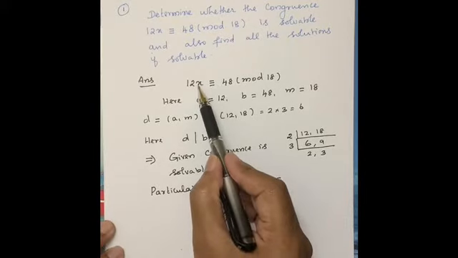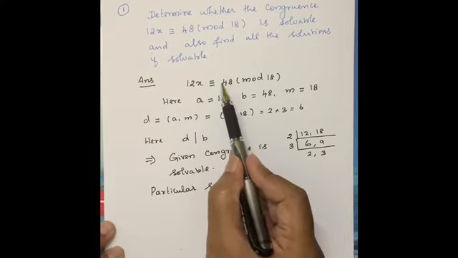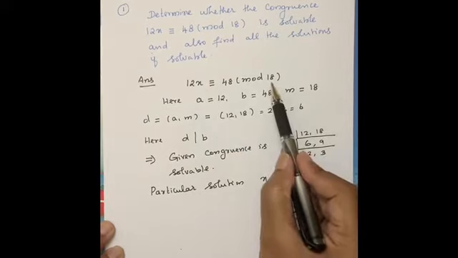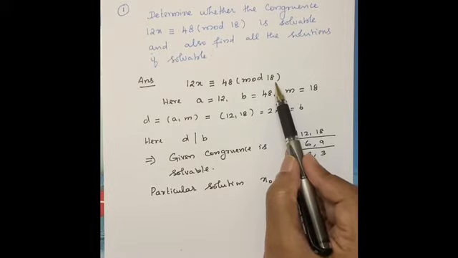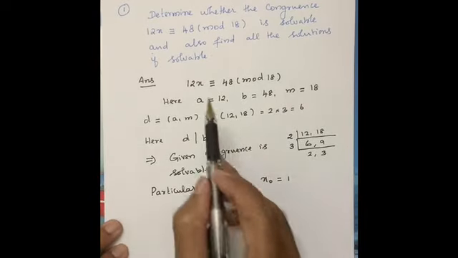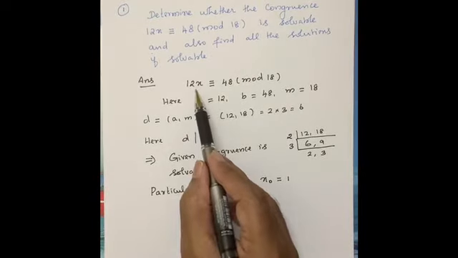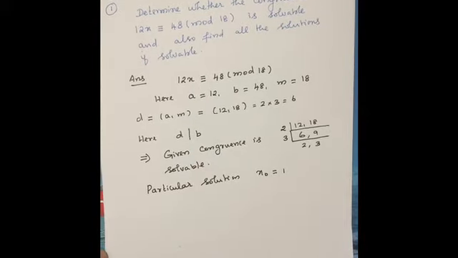So X equal to 1: I have 12, and taking 48 to this side, 12 minus 48 is minus 36. Is minus 36 divisible by 18? Yes, it is possible. So X naught equal to 1. Suppose it is not possible, then 2 you can try, 3 you can try, like that. So the particular solution is X naught equal to 1.